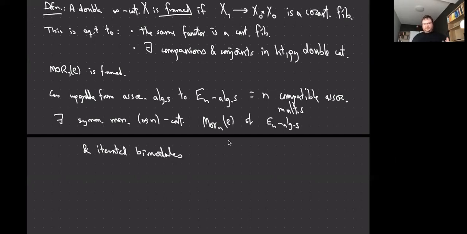So here this would be the setting where you might think about things like Morita equivalences up to Morita equivalence, so to say. An equivalence between E_2 algebras here would be, you have associative algebras that give you an equivalence up to Morita equivalence at the next level.